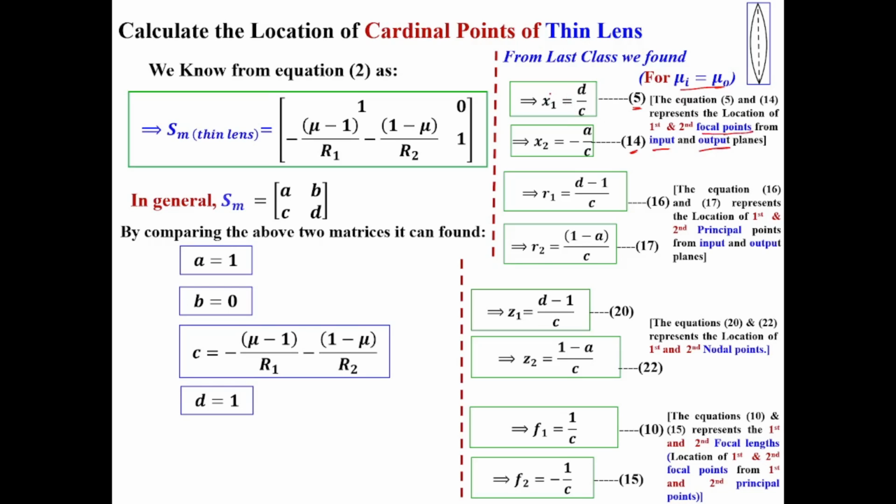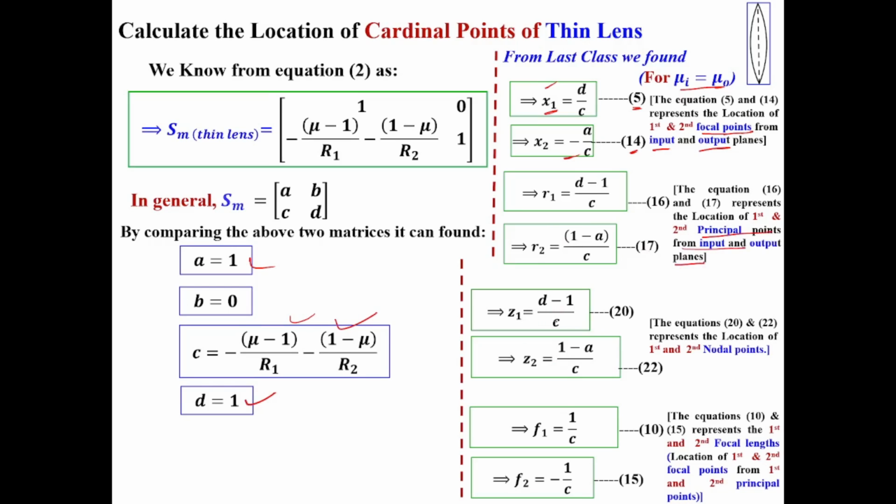The expressions are x1 equals d by c and x2 equals minus a by c. By substituting these values, d value 1 by c gives x1, and a by c gives x2. Equations 16 and 17 represent the location of the first and second principal points from the input and output planes.